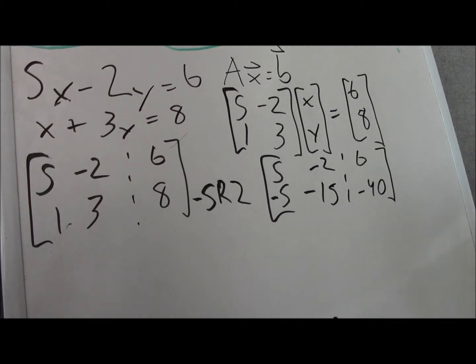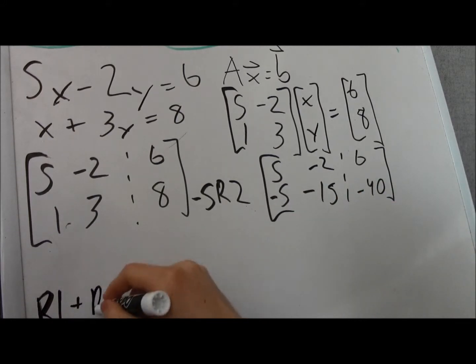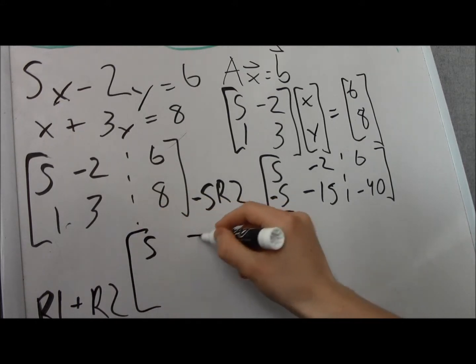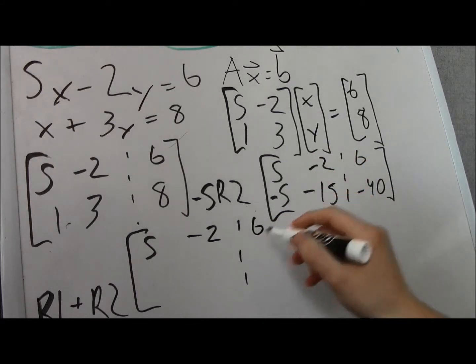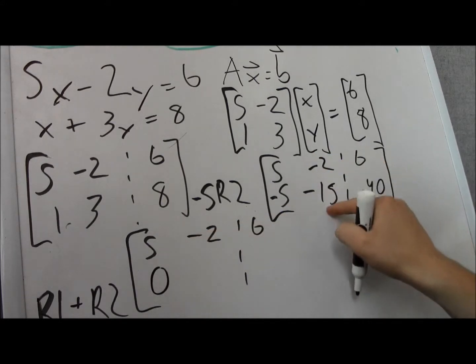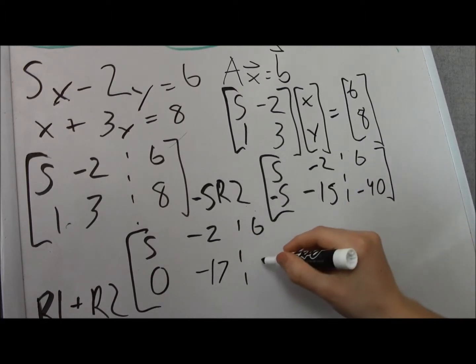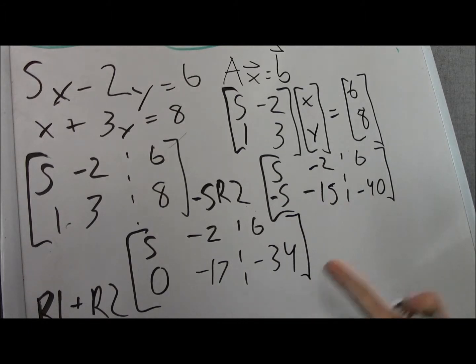Then we want to add up the rows to get the 0. So row 1 plus row 2. Again, this column stays the same, and we just add these two together. So 0, -17, and -34. This looks a little messy.